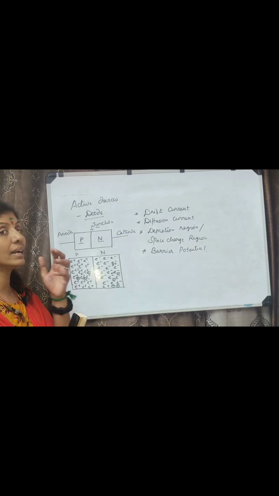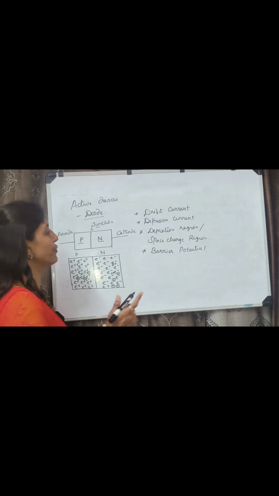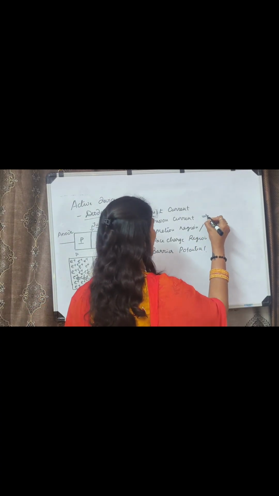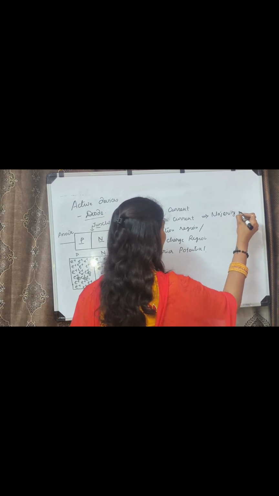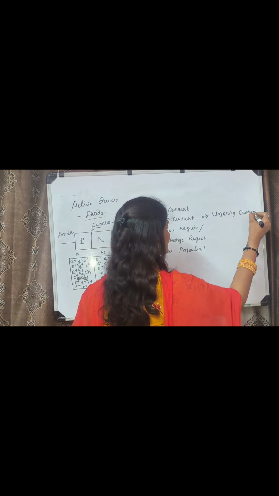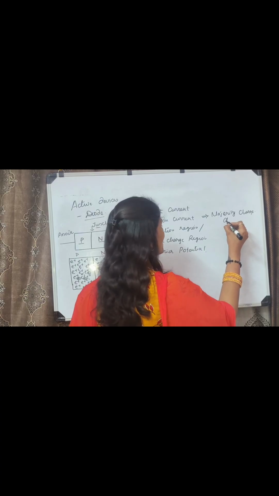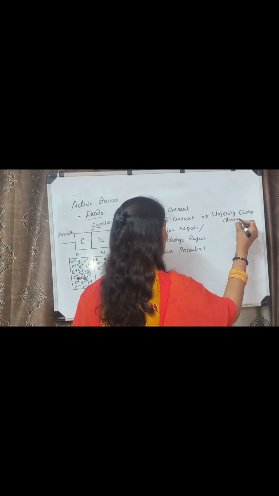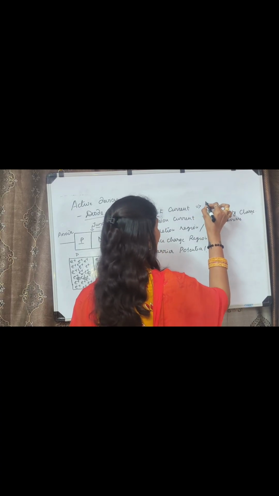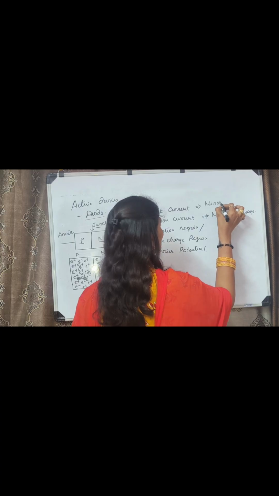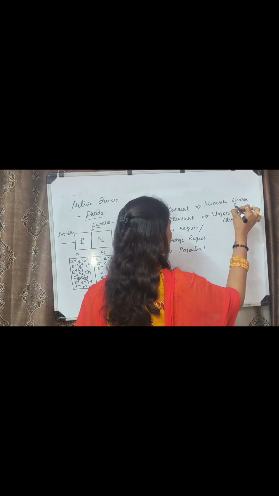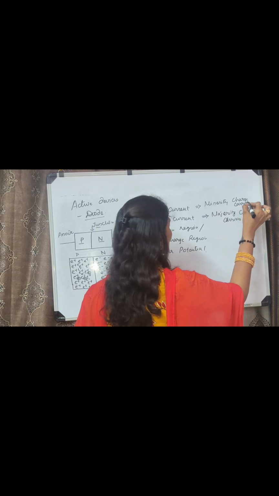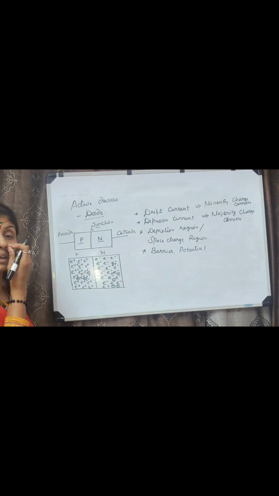See here, diffusion current happens because of the majority charge carriers. If it is a drift current, that happens due to the movement of the minority charge carriers.